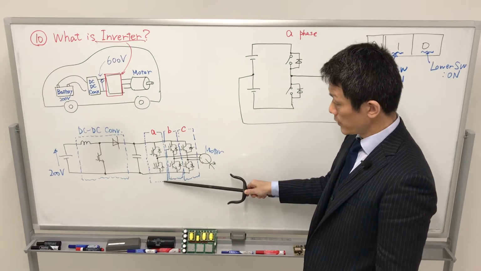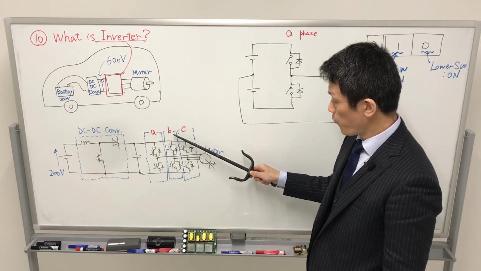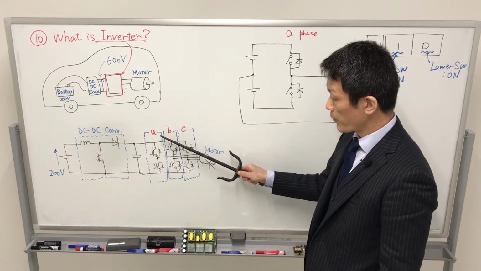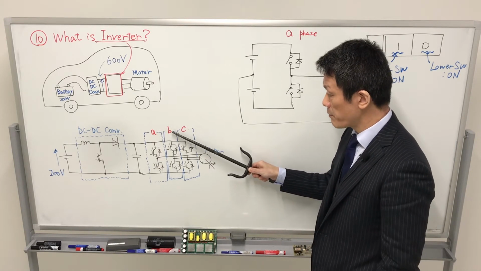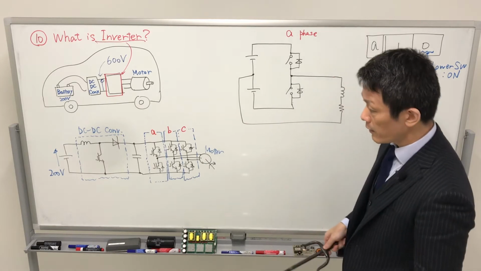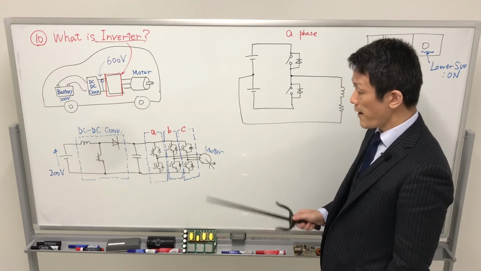We usually call them U phase, V phase, W phase, or A phase, B phase, C phase. In this lecture, we call them ABC.